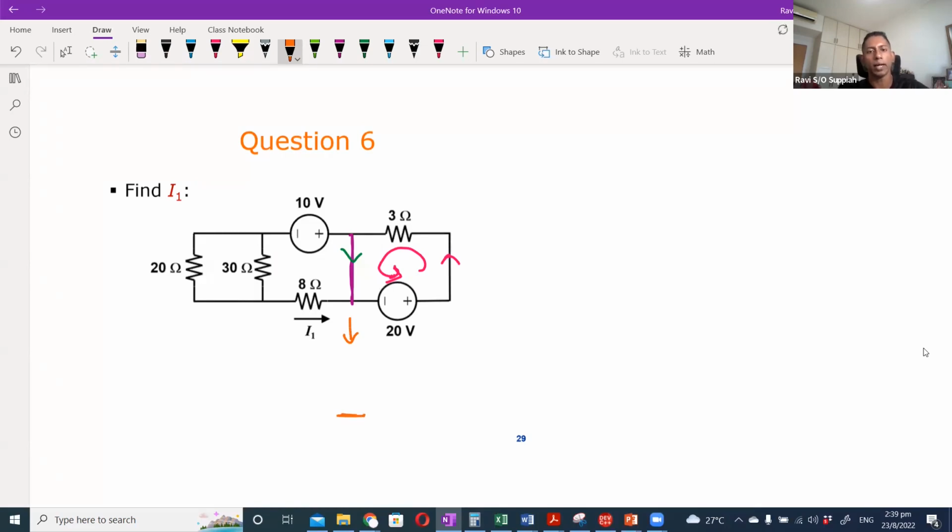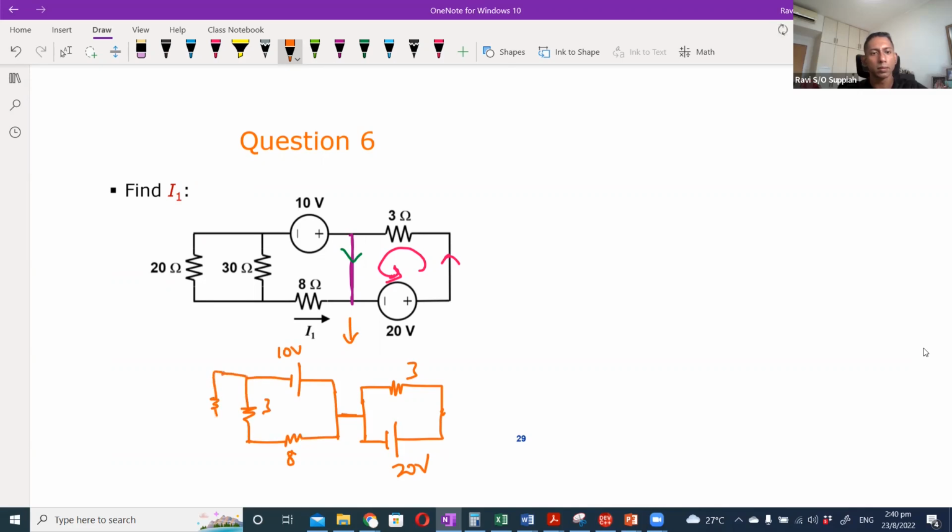You can think of it as a circuit that looks something like this, and another circuit over here. This is only because there is no resistor here having an effect on both circuits.